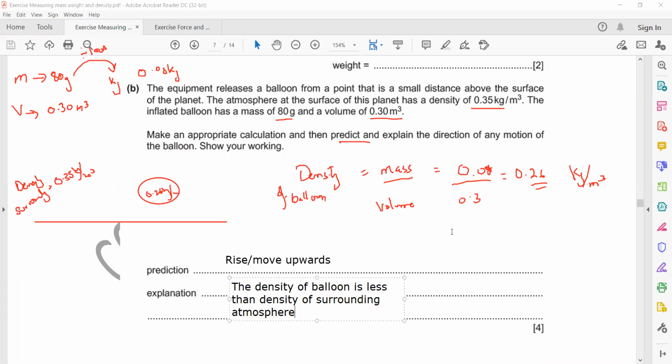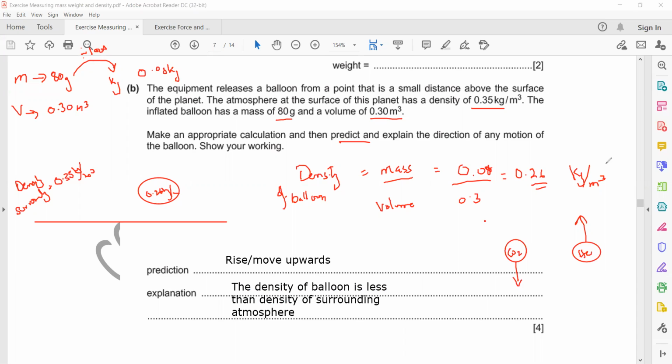For example, if I have two balloons, one filled with carbon dioxide and another filled with helium. When I release the balloon filled with carbon dioxide, it will move down. If I release a balloon filled with helium gas, it rises. So why, even if the two balloons have the same volume, does one rise and the other fall or move downward?